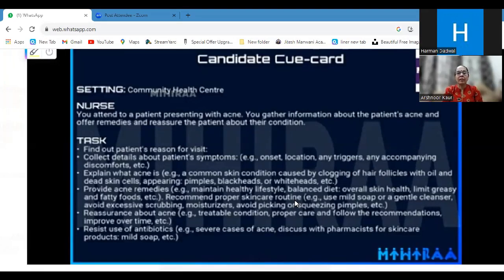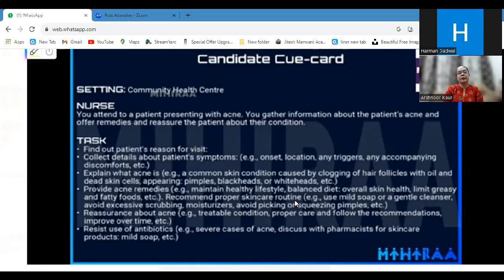So here, if the severe condition is there, if the acne are bigger in size, painful, inflamed, in that case, antibiotics are required. And you have to tell Jenny, first of all, the doctor has prescribed you.